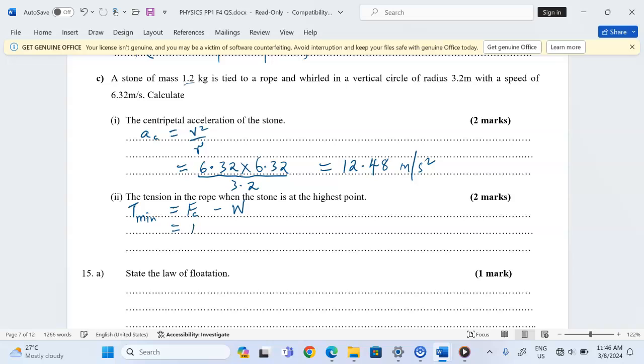Therefore, centripetal force is given by mass times v squared over r, then minus weight of the object, which is mg.